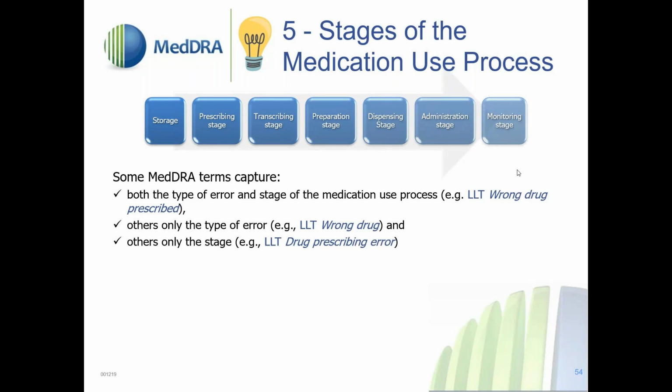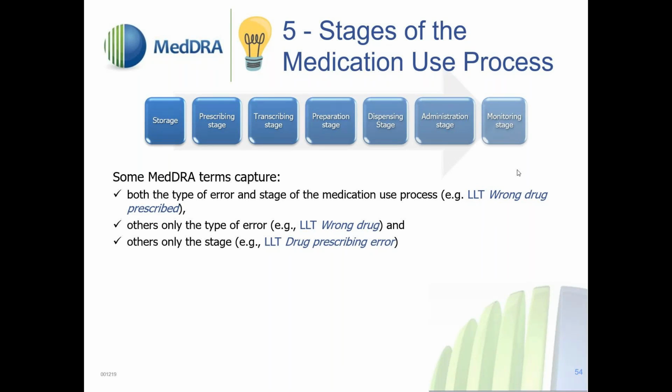You'll see that MedDRA contains many terms that capture both the type of error and the stage, like for instance LLT wrong drug prescribed. Others only capture the type of error, like LLT wrong drug or LLT wrong dose.